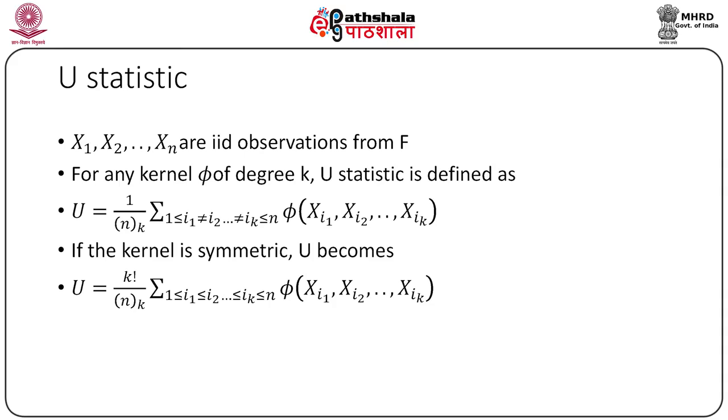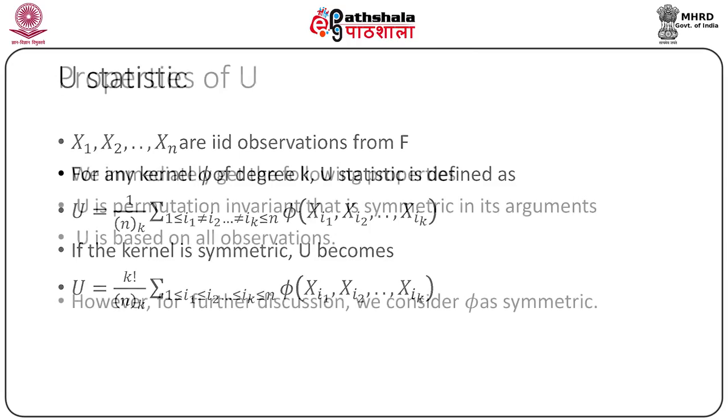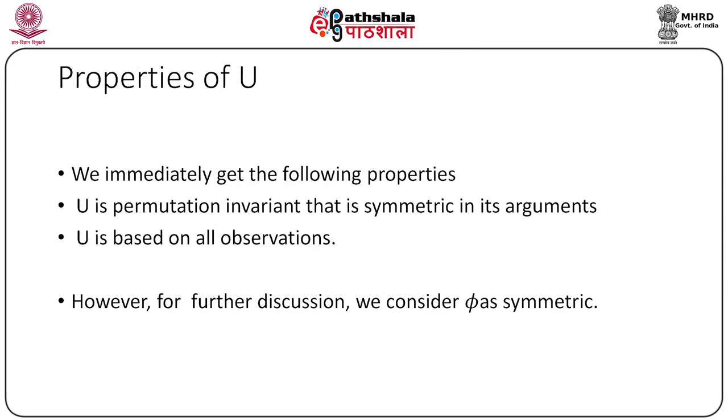Then we can have n choose k distinct sets of k observations. For each set of observations, we can calculate the value of the kernel phi. A U-statistic is the average of all such values. Therefore, U-statistics are often called generalized means. Clearly, U-statistics are permutation invariant and based on all observations.